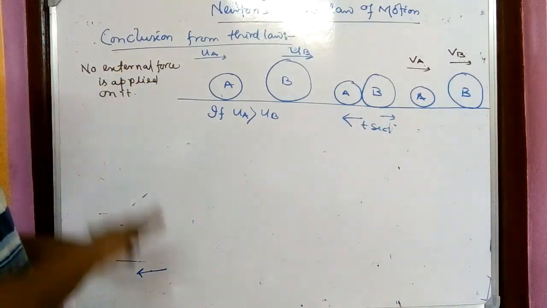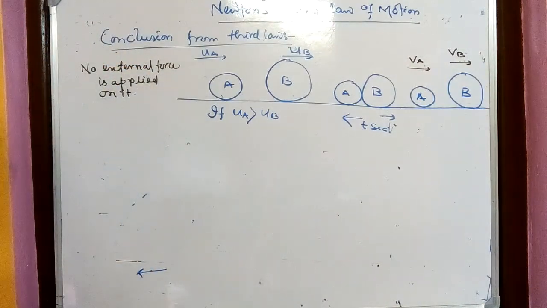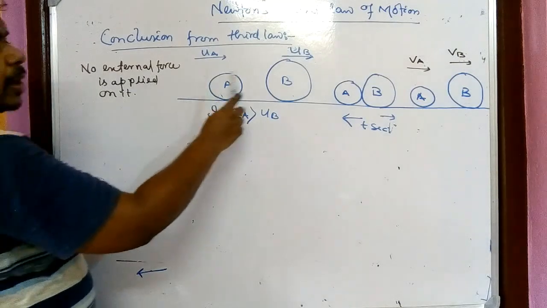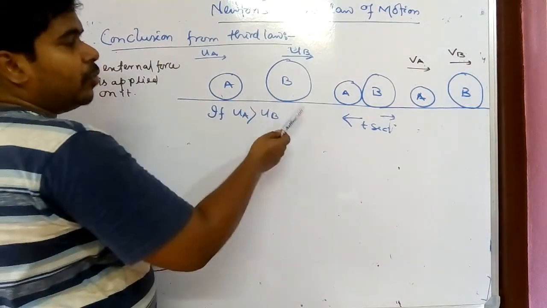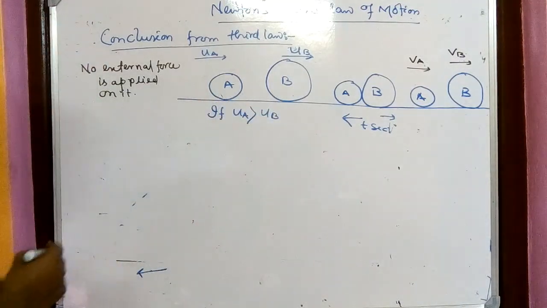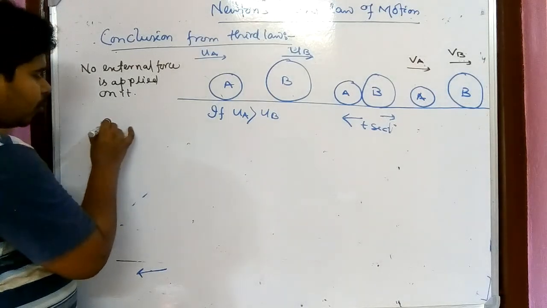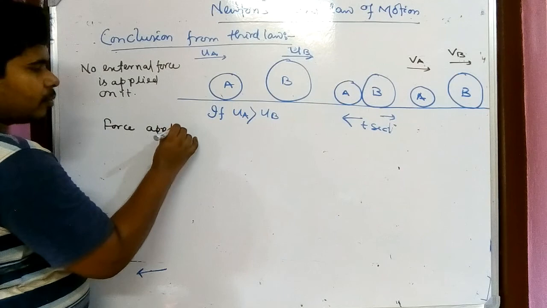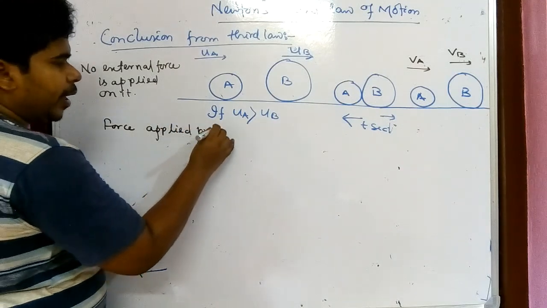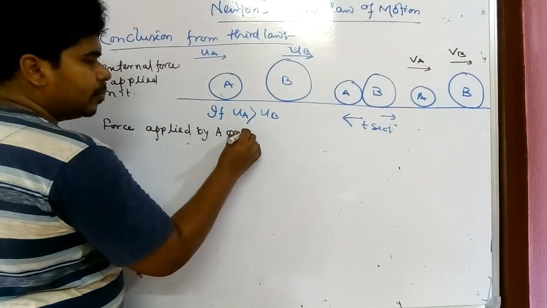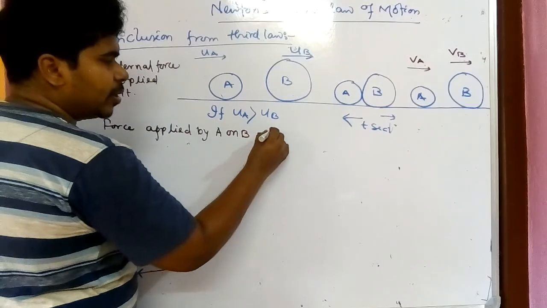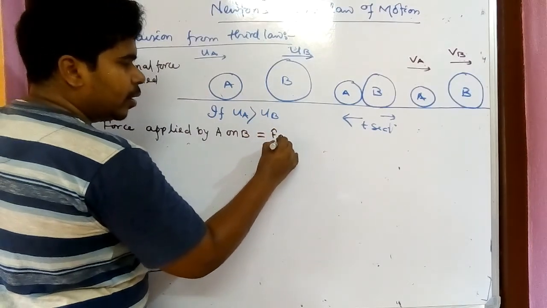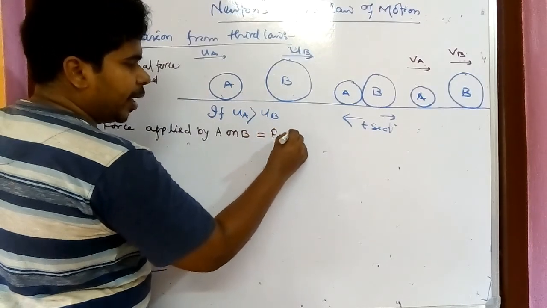From this, what we can understand is that A is applying a force on B and B will give a reaction. So first we have to see the force applied by A on B, that is equal to FBA.